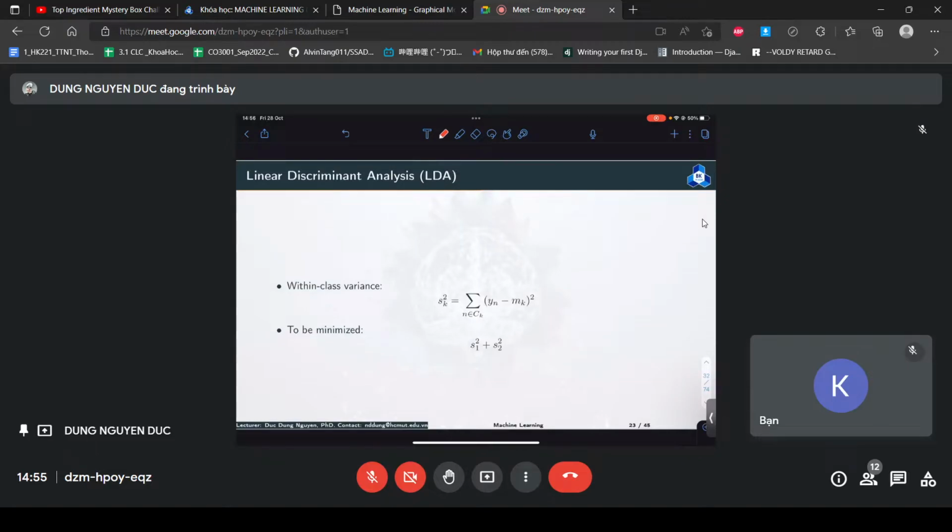And let's talk about the variance. The variance of the data inside a class is equal to the square of y minus the mean. And what we want to minimize here is the total variance of each class together. Okay, and this is not so hard, but it poses questions.